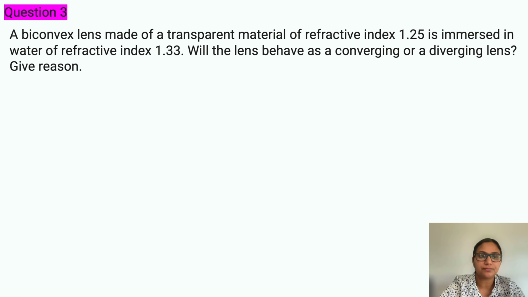Next question. A biconvex lens made of transparent material of refractive index 1.25 is immersed in water of refractive index 1.33. Will the lens behave as a converging or diverging lens? Give reasons.